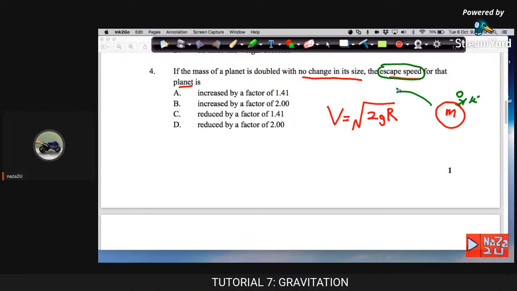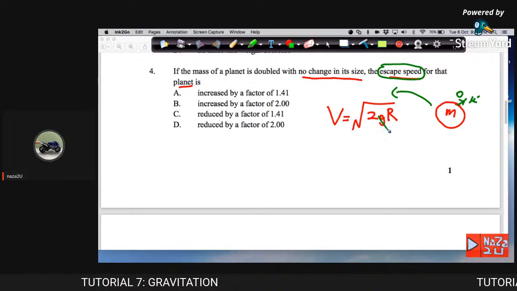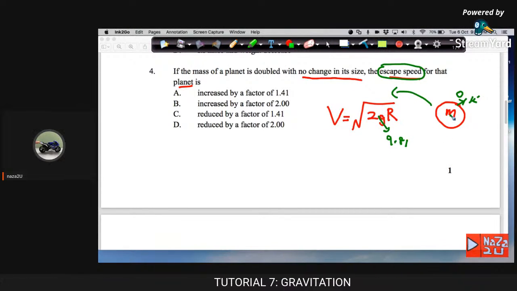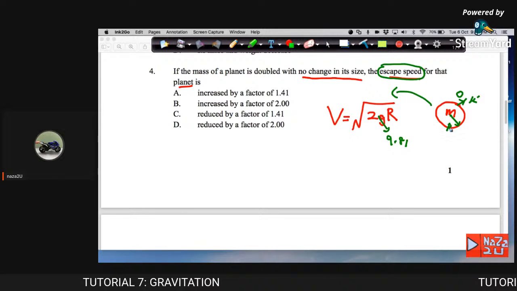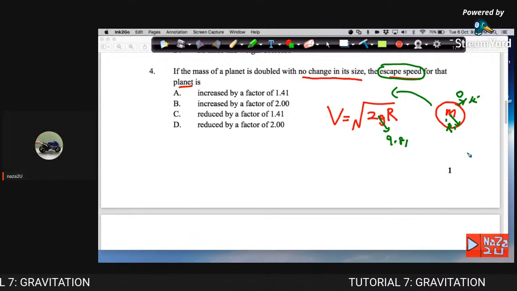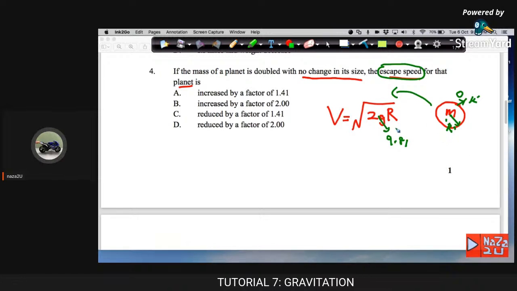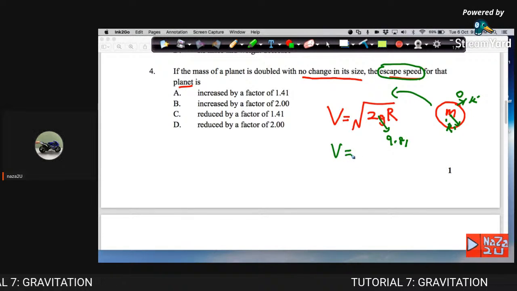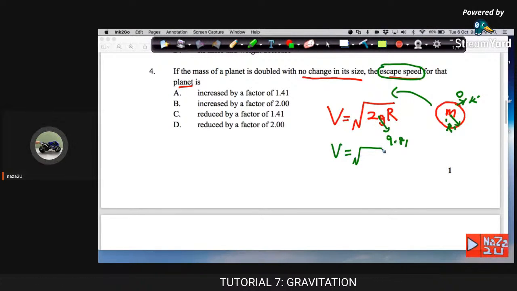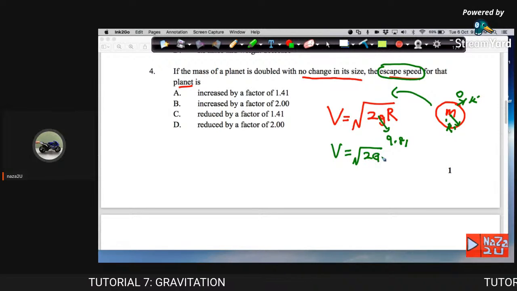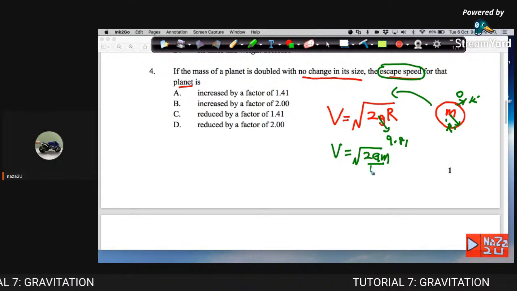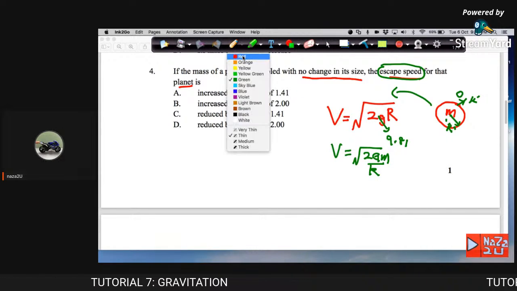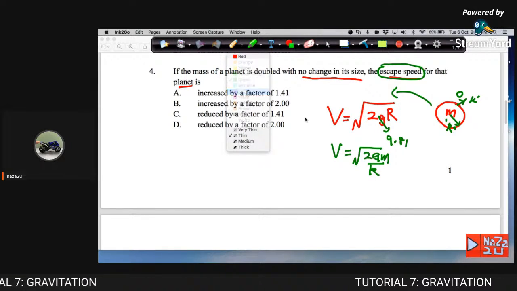Macam mana kita nak kira? Dia bergantung kepada gravity. Kalau kita berada di bumi, this is 9.81 and the radius, so this is jari-jari bumi lah. Jari-jari bumi yang kita bincang awal tadi, dia adalah constant. Right? So now to find the escape velocity, so this is the equation. Or you can use for escape velocity, also you can use the square root of 2GM over R. Okay, rumus berbeza tapi tujuannya sama untuk mencari escape velocity.